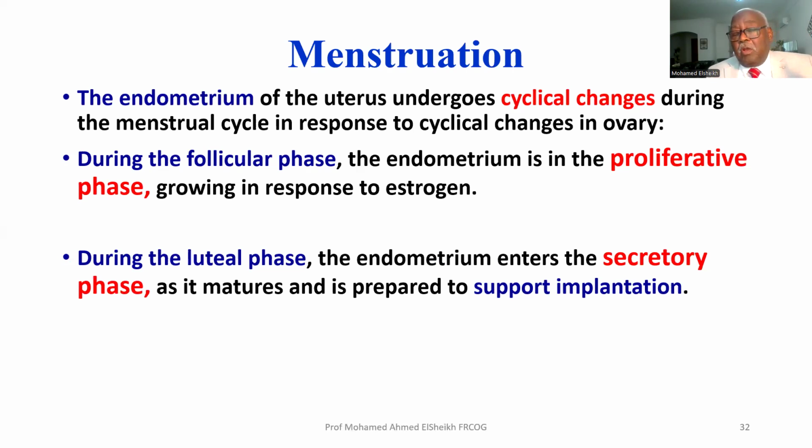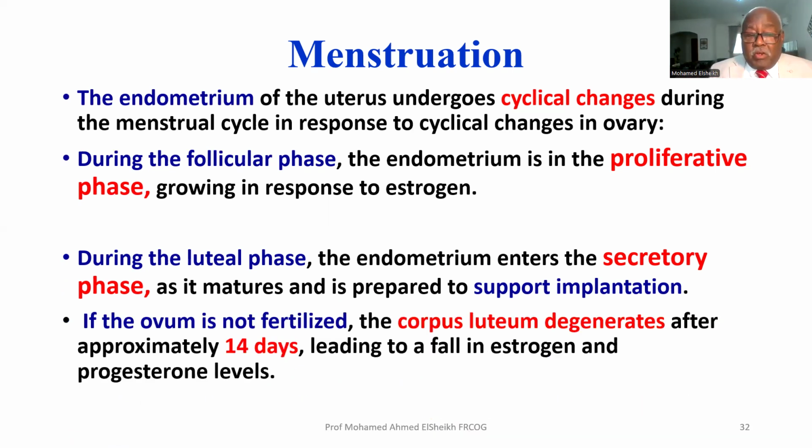Follicular phase in the ovary leads to growth of the proliferative phase in the uterus. During the luteal phase of the ovary, the endometrium enters the secretory phase as it matures and is prepared to support implantation, as we have said. So follicular, with it is the proliferative, luteal, with it is the secretory phase in the uterus.